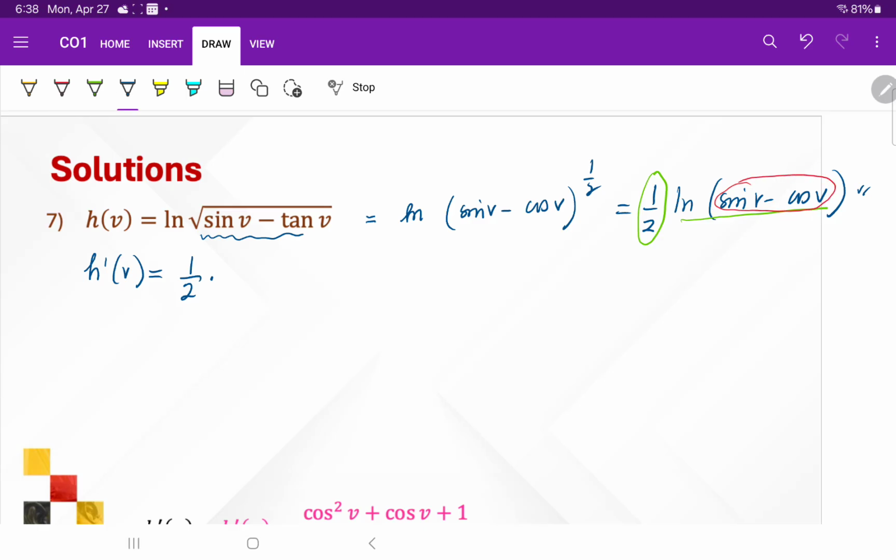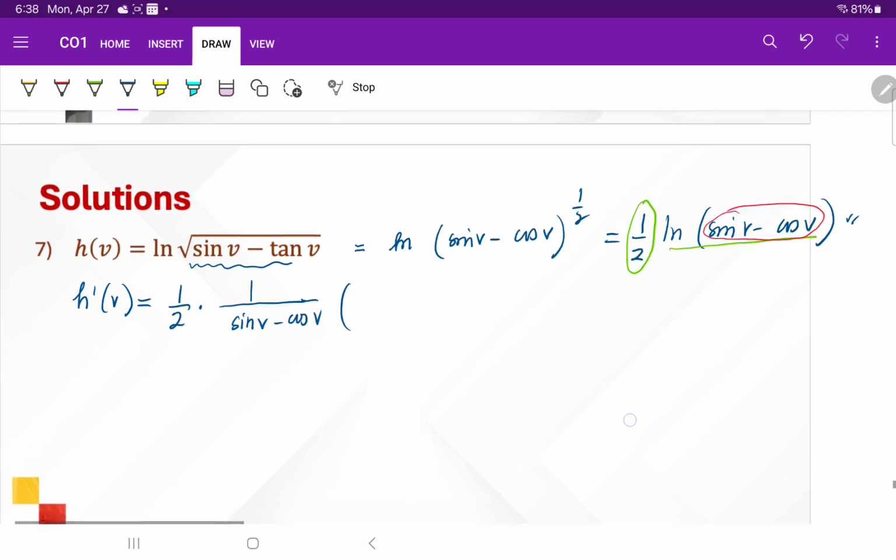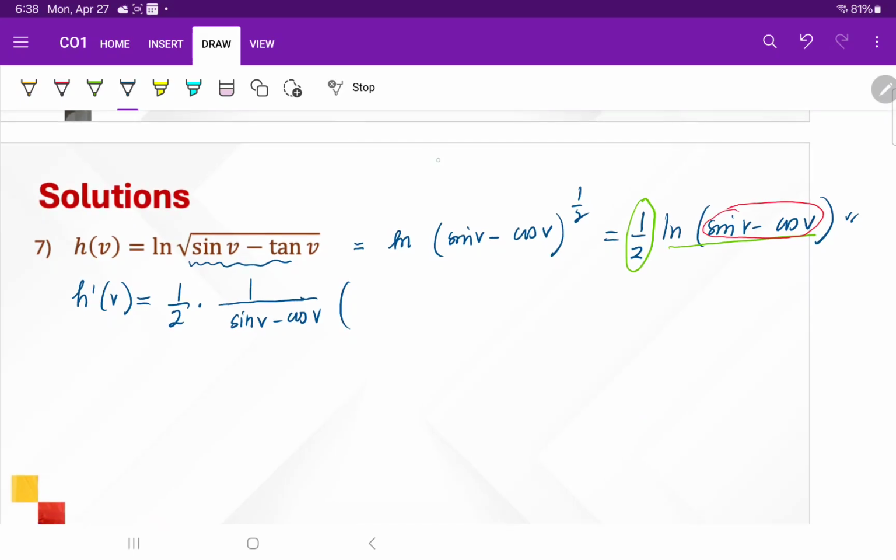So the derivative is 1 over sine of v minus cosine of v times the derivative of u. Again, what's the derivative of ln of u? 1 over u du dx.